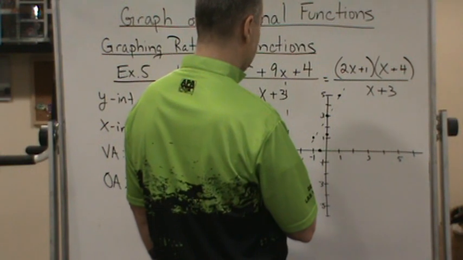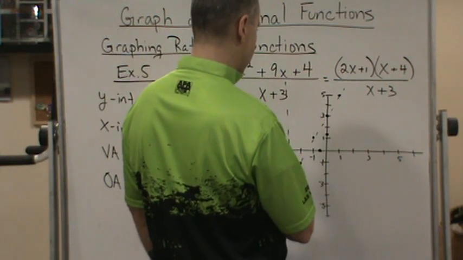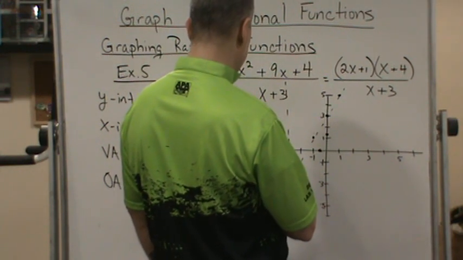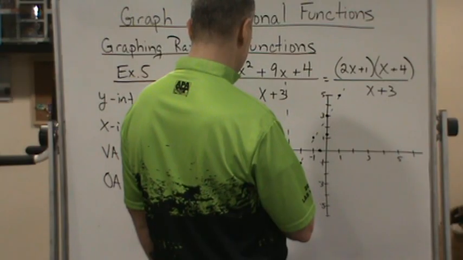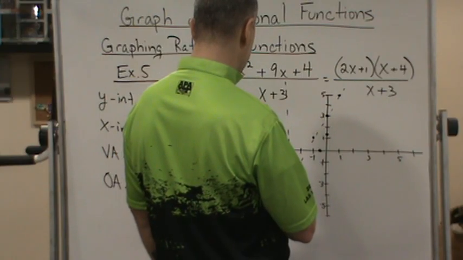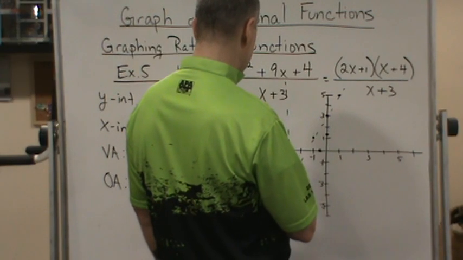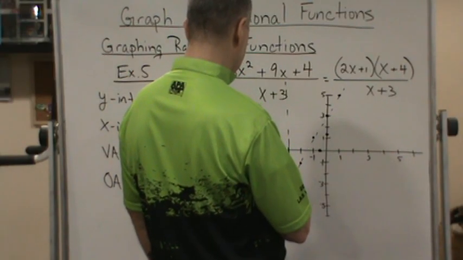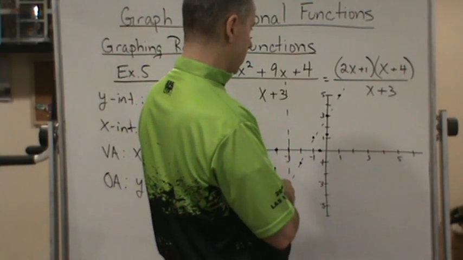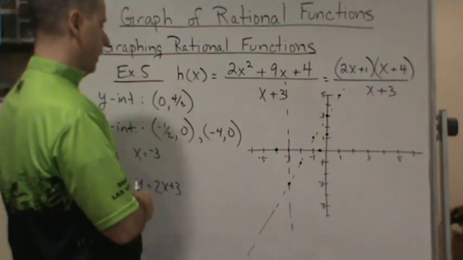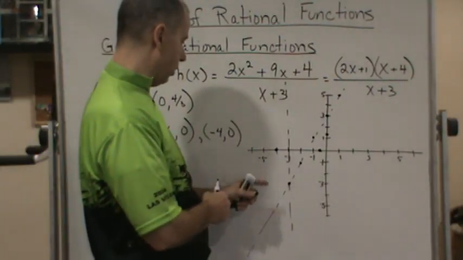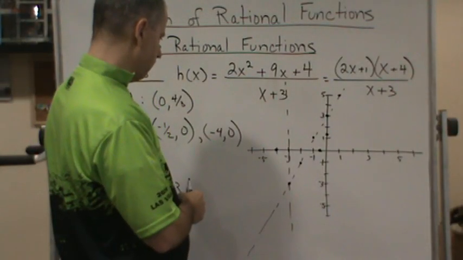Is that right? Negative, negative, negative. Yes, so we're going to end up with negative. So this is going to be below the x-axis.